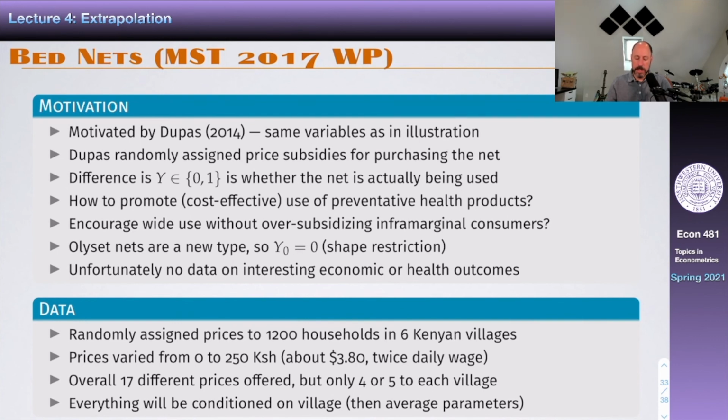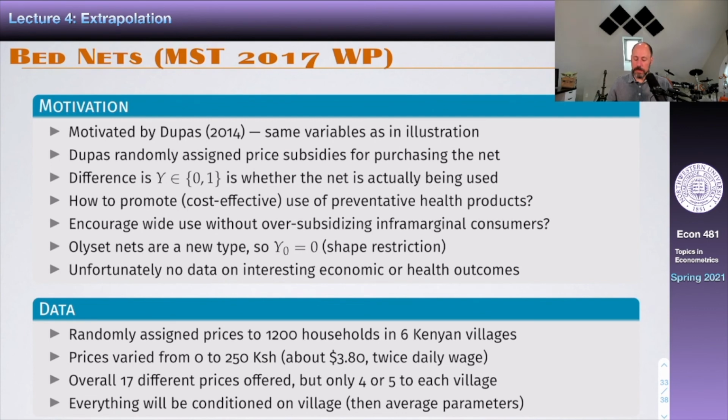The data is just 1,200 households in Kenya, and the prices, what I called subsidies earlier, vary from 0 to 200. The unit doesn't matter, like cash.